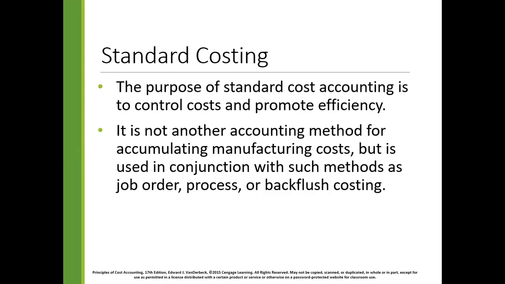For example, with the materials budget, if we have a standard cost of $3 per pound and we use 2 pounds per unit, that's going to be a standard cost of $6 per unit. That's how we set and calculate our budgets, so we're going to look at that standard costing together.